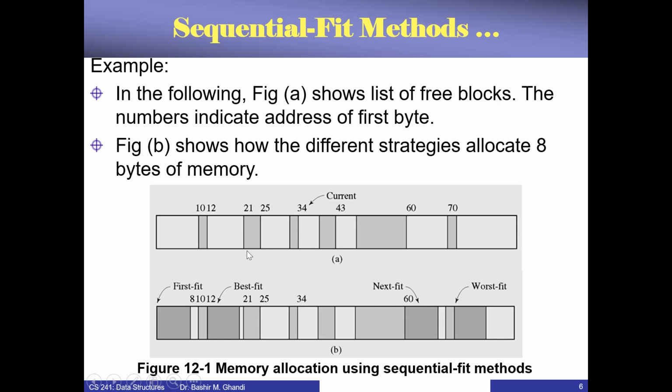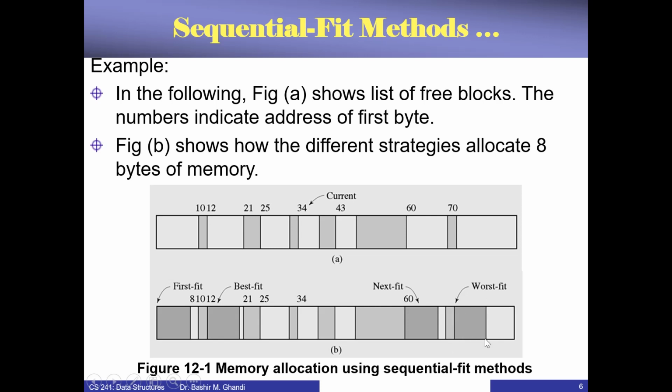Good. What about worst fit? As we said, it will search the list and find the largest block. The largest block seems to be the last one here, so worst fit will allocate from there.